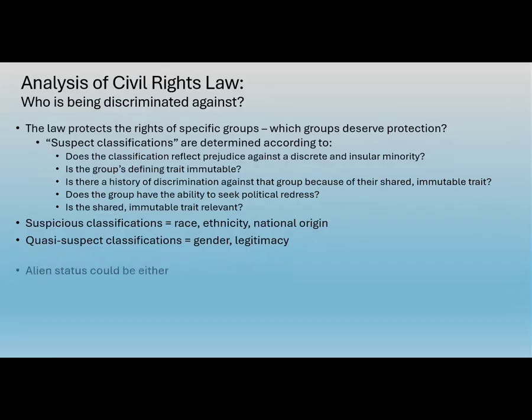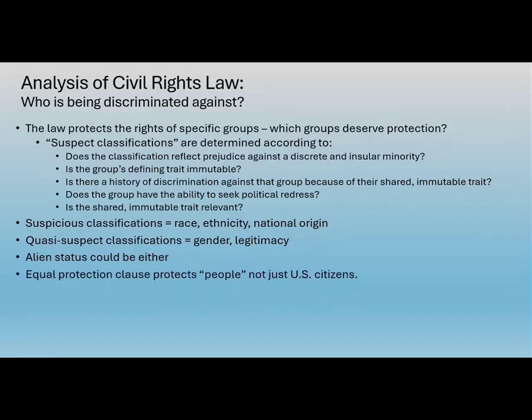On an inconsistent basis, courts have considered a person's status as an alien a suspicious classification. Other times, it considers alien status a quasi-suspect classification. But when we say alien, we of course do not mean otherworldly, but rather non-citizens. It is important here to note that the 14th Amendment protects people, not just U.S. citizens.